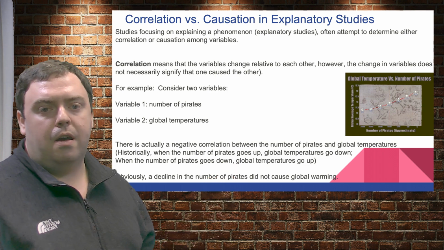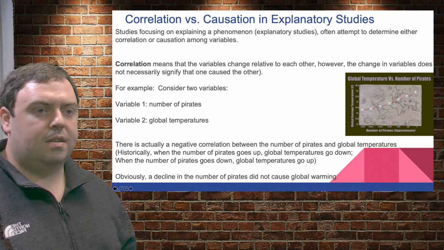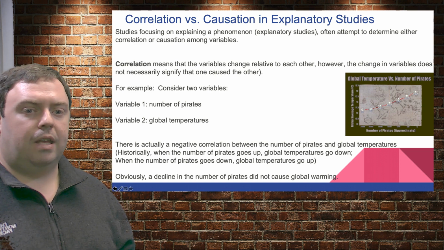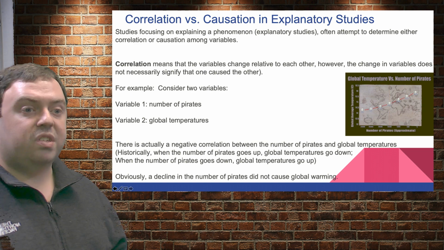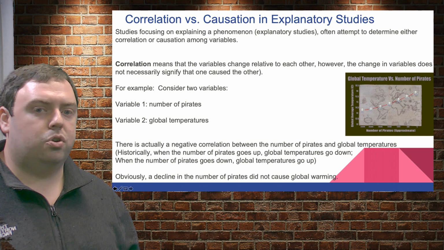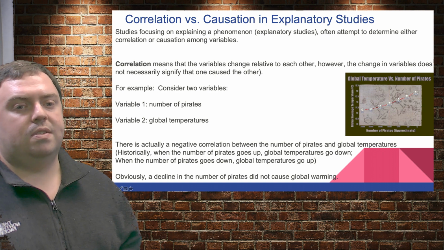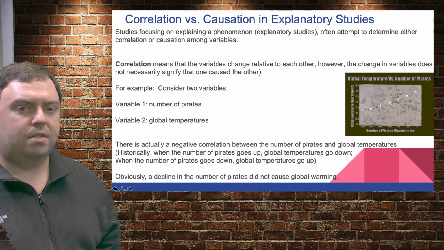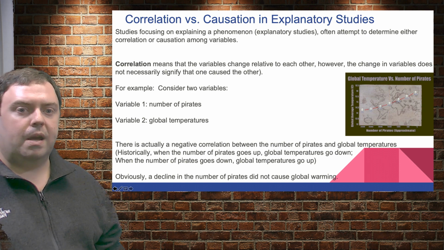Later you'll learn in another presentation that I have on quantitative data analysis that this would be called a positive relationship. The independent variable, pirates, is increasing, and the dependent variable, global temperature, is also increasing. They're both moving in the same direction. It's kind of like a positive relationship in a friendship or romantic relationship.